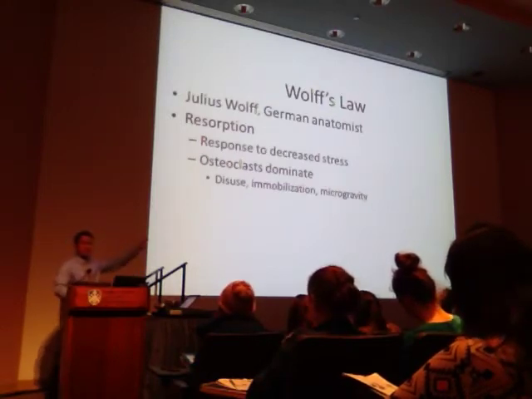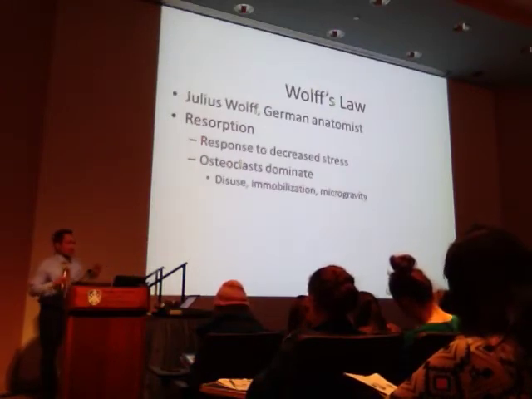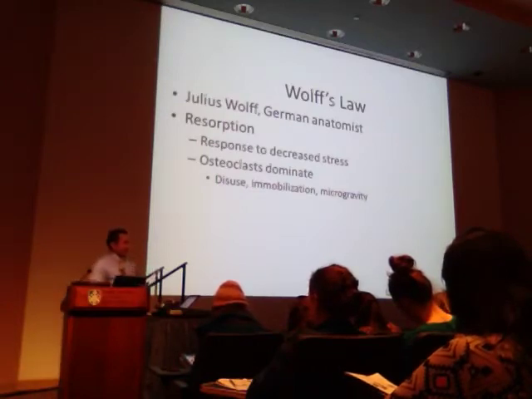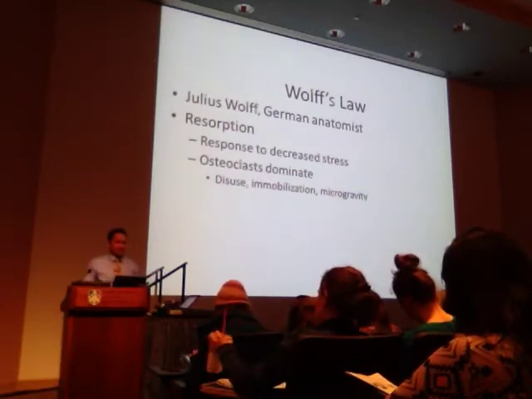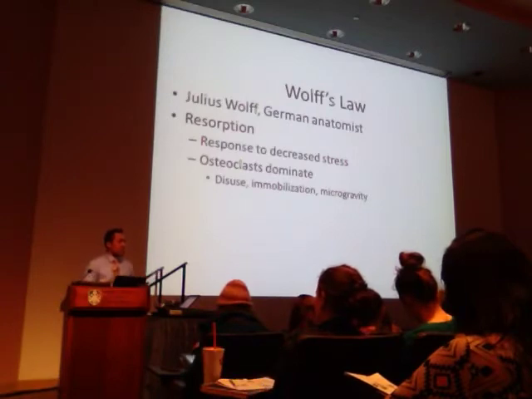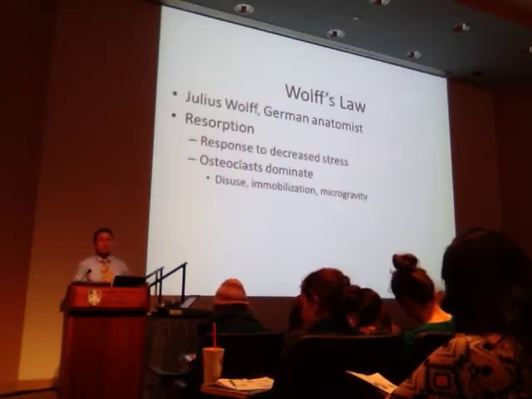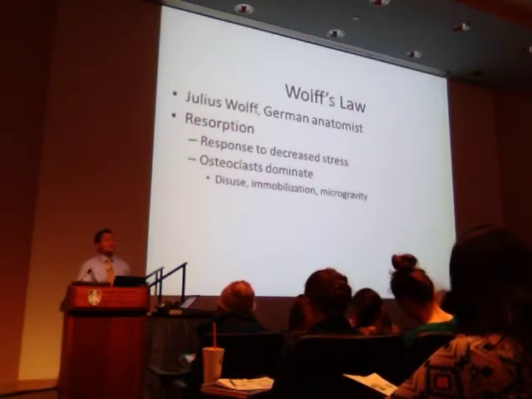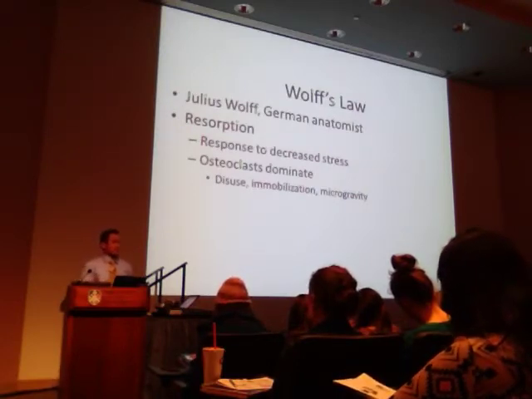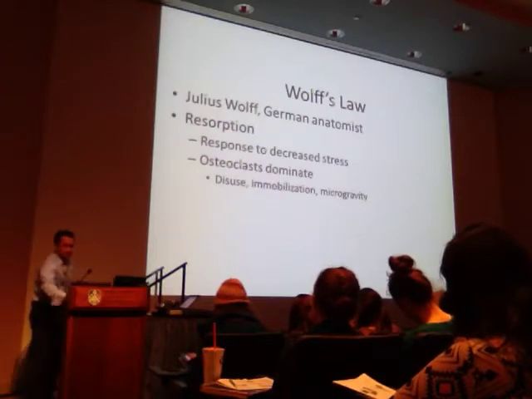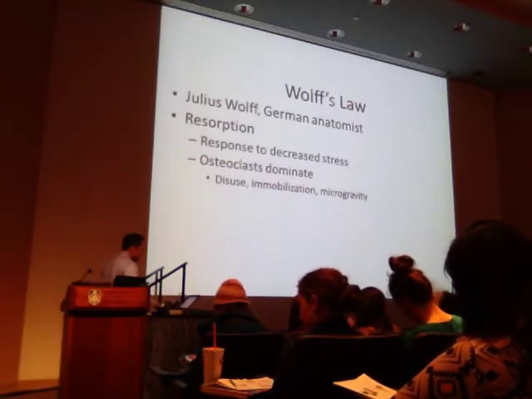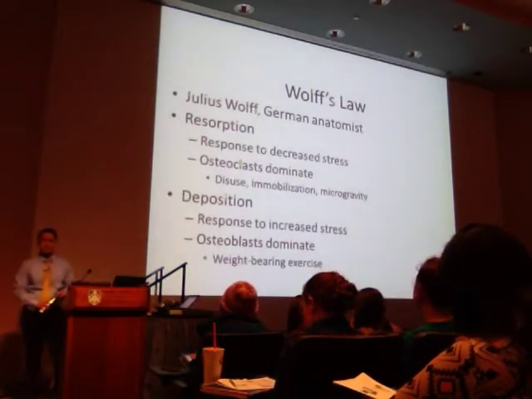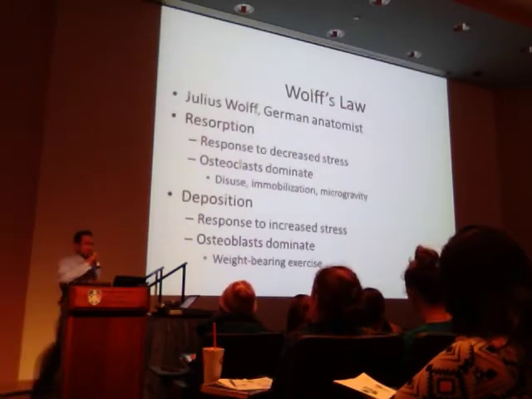And then he also made this theory about microgravity. If you were putting an individual in a low gravity situation, like in space, you would see bones resorb. That's one of the main problems we have with astronauts that come back. This is in 1892. This was a bright dude. Okay? To finish out what he said, the other option is deposition. He favored laying down new bone.